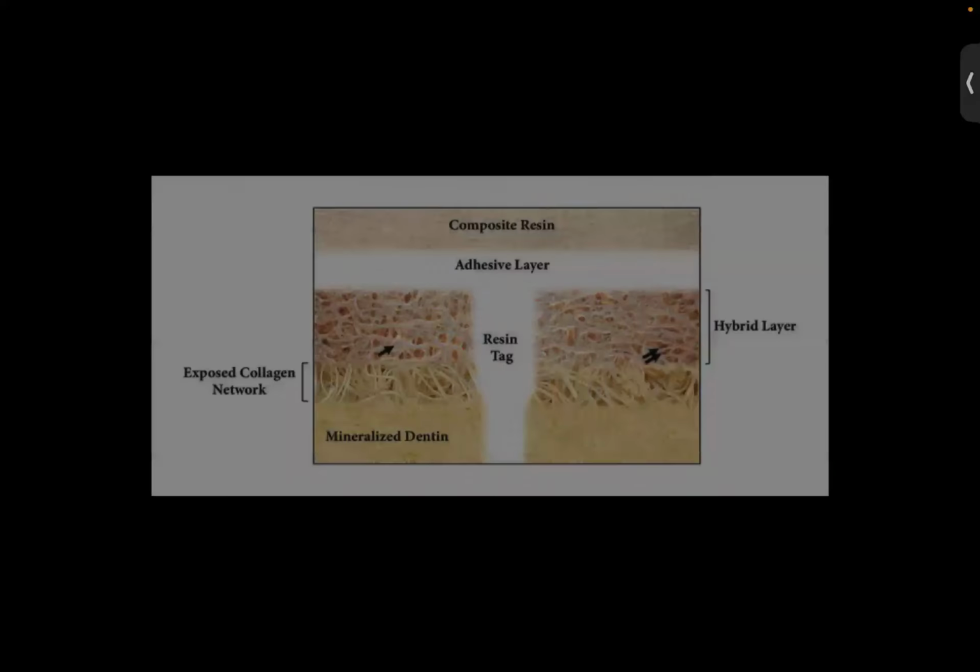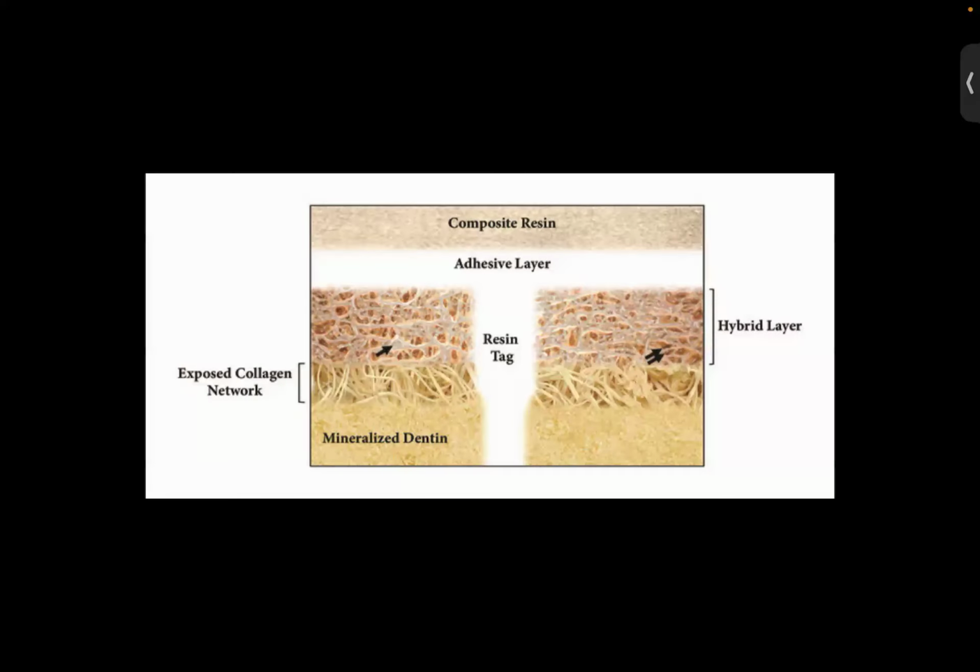Take a look at this picture. Now, this is what hybrid layer is. The white layer is adhesive layer, which is basically the bonding agent. And you see the microporosity which was formed. The resin tag is what that microporosity is, where bonding agent has now flown.